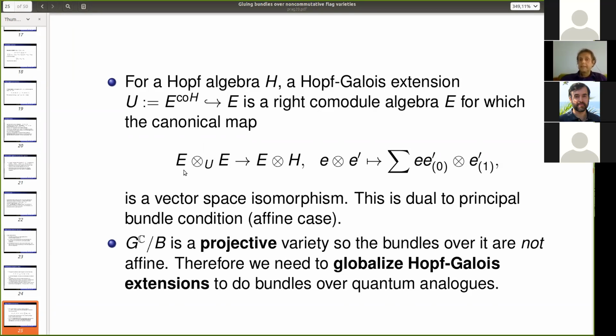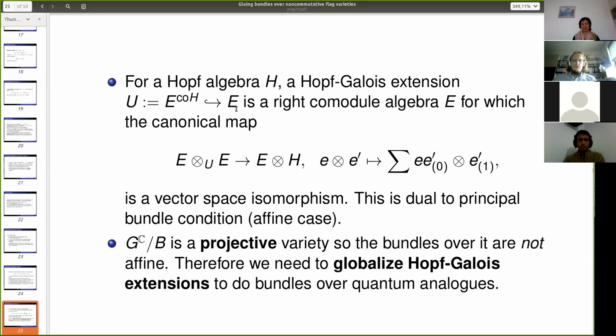Zoran, what do you mean by Hopf-Galois extension? So a Hopf-Galois extension is an algebra which has a coaction of a Hopf algebra, which is an algebra map, and such that if you take this particular map, then this map is invertible. Why is it called Galois extension?